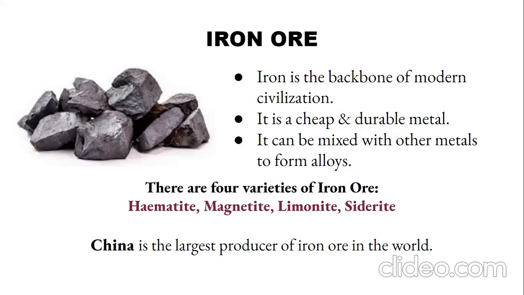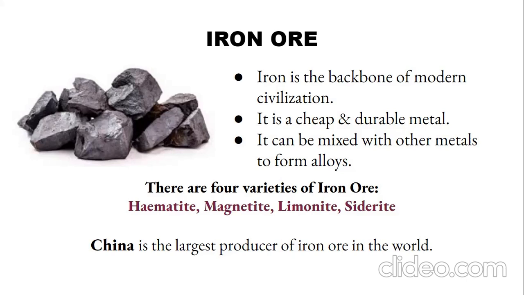Understood? Then there are four varieties of iron ore: hematite, magnetite, limonite, and siderite. Understood? Now we can use iron to manufacture tools, utensils, machines, railway engines, and ships.